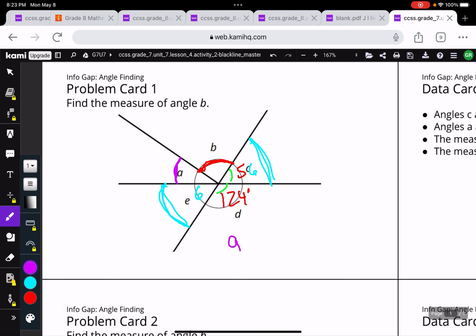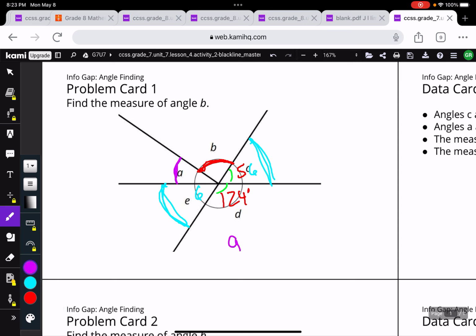Well, we don't know what A is, but we know C is 56. So something plus 56 equals 90. If we subtract 56, we get 34, I believe. So we just found out A is 34.